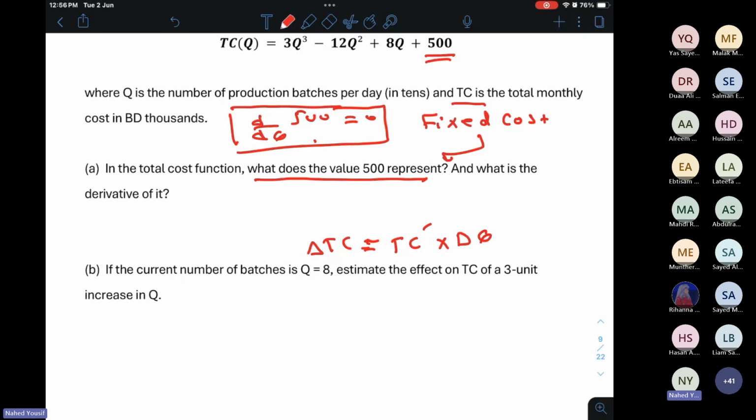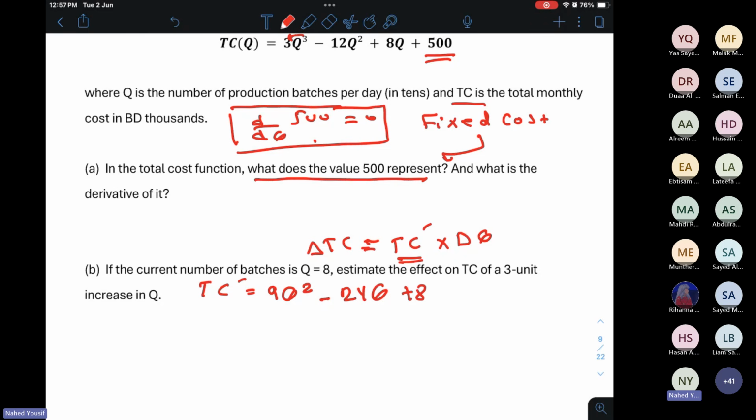We first have to find the total cost's first derivative. Let us differentiate together. So 3q cubed differentiated: the 3 will come down, so it will be 9q squared, minus 2 times 12 will be 24q, plus 8.